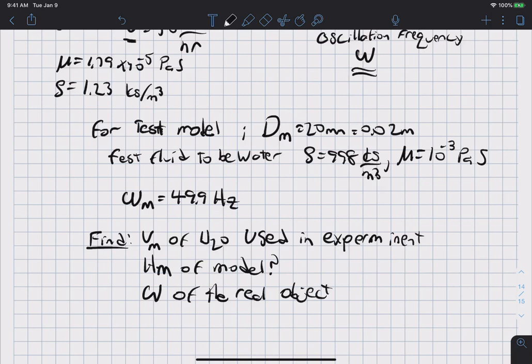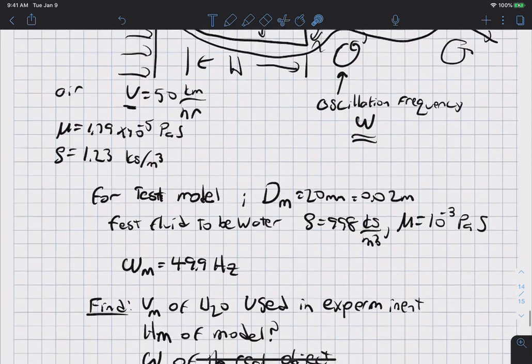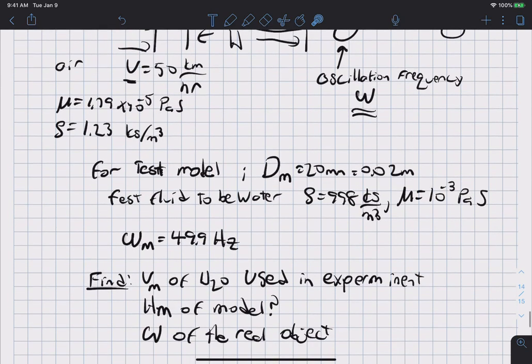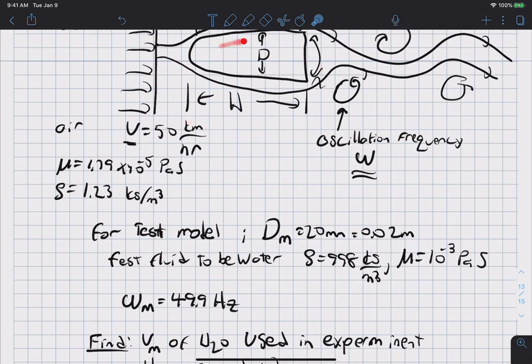So essentially what we're doing here is, it is impractical to put this whole thing with real air in a wind tunnel. So instead, we're going to use a smaller version of this and place it inside of a water tunnel. And then we're going to set it up such that the pi groups for the model and for the object are the same between the two experiments.